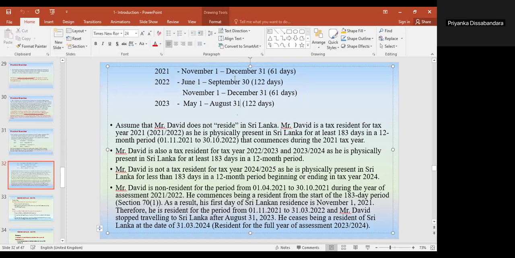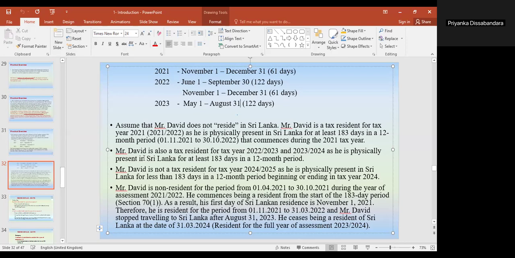That means for the 22-23 year of assessment, he is resident, because for the total year of assessment, the whole year of assessment, we have to consider him as resident.